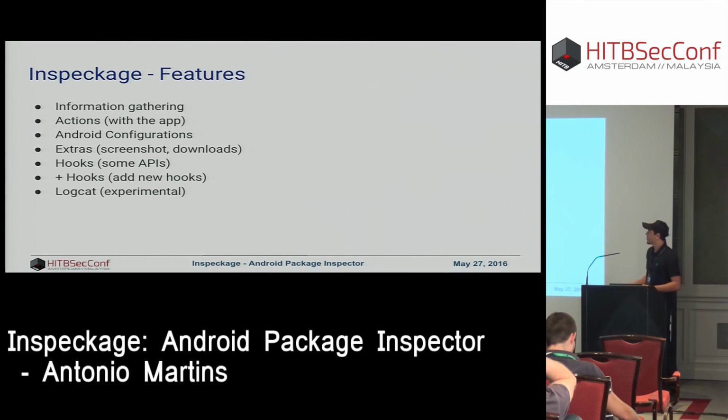Inspeckage has many features, and these are the groups of features. We have information gathering, actions. We can interact with the app. We can call activities, for example. We can take screenshots, download files.